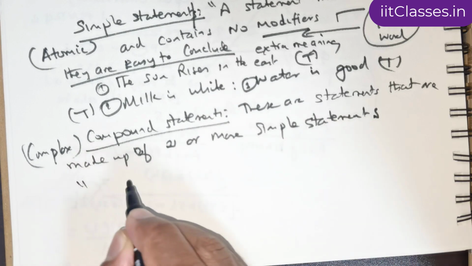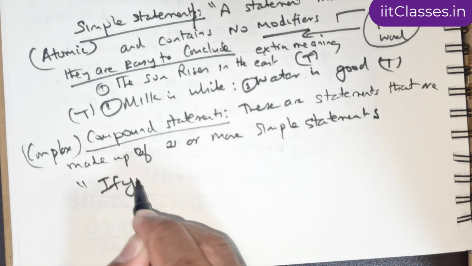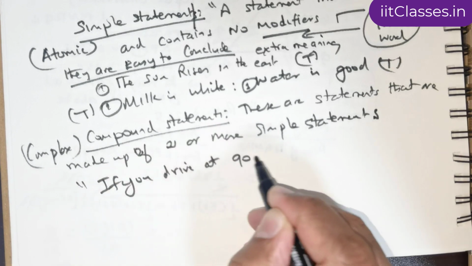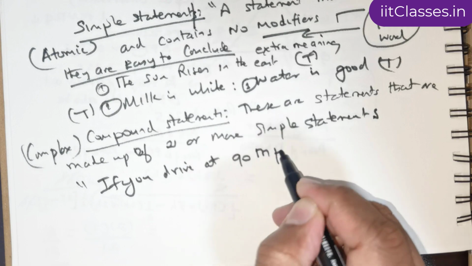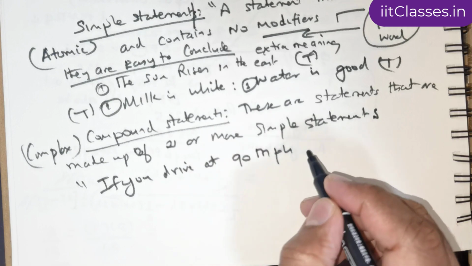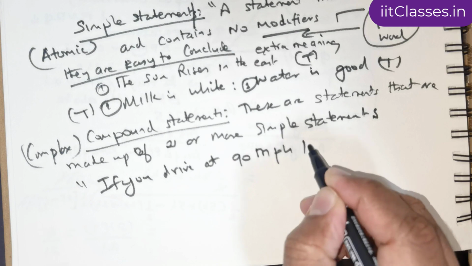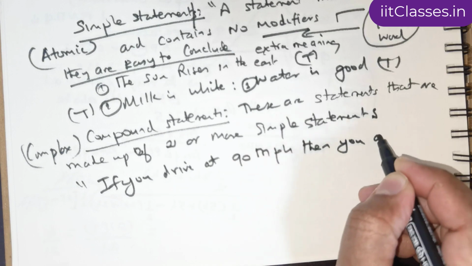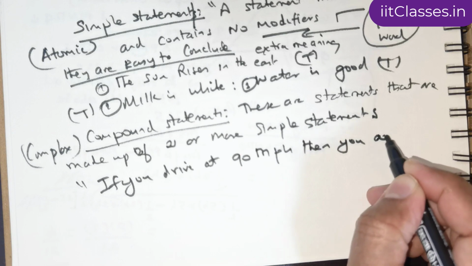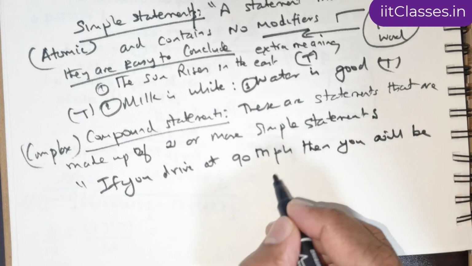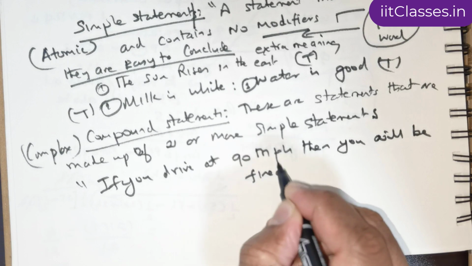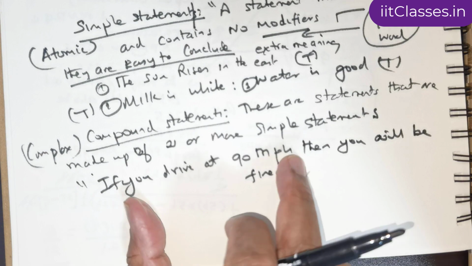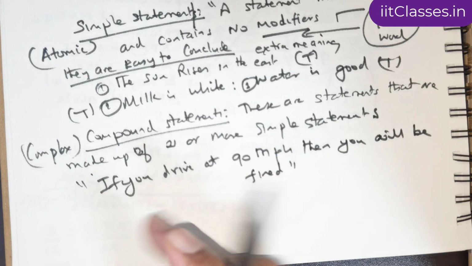Say for example, if you drive at 90 miles per hour, then you will be fined.